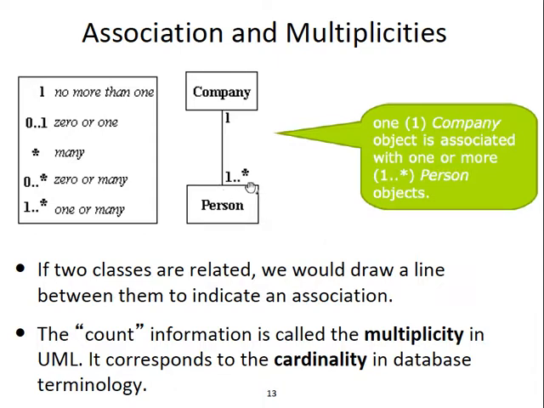Okay, so there's no upper limit on how many people. If you have 100 persons, you can hire 101, 102. If we have 1 million, you can have 1 million and 1, 1 million and 2, and so on. So multiplicity, I would say, is very useful in a class diagram because it changes how we write the code.